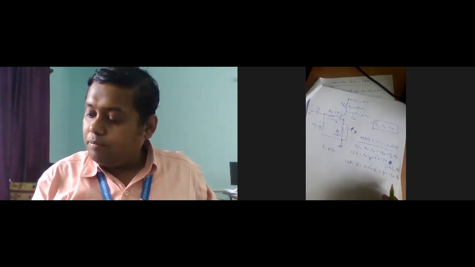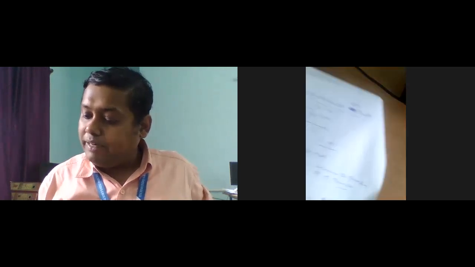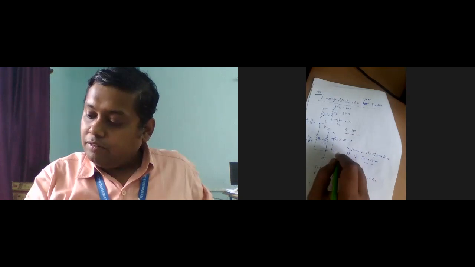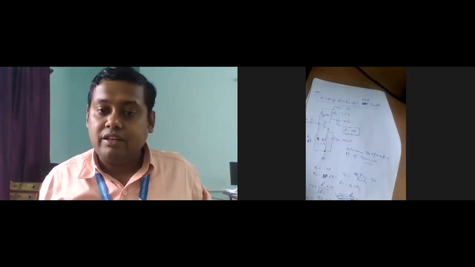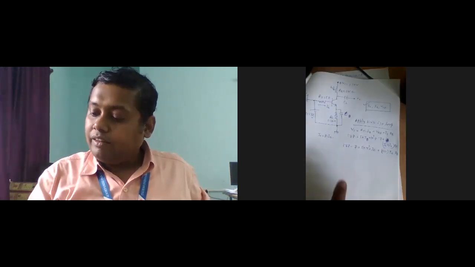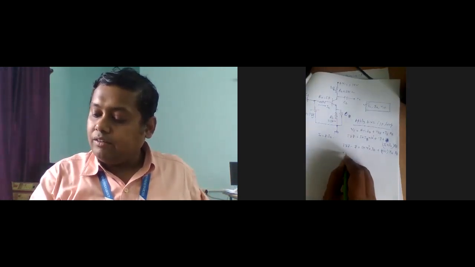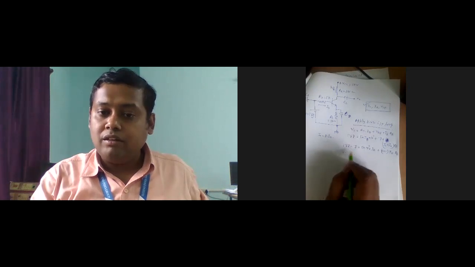From here, beta का value इधर है 100, beta is equal to 100 as given. So if you substitute the value of beta here, then what is the value of this?